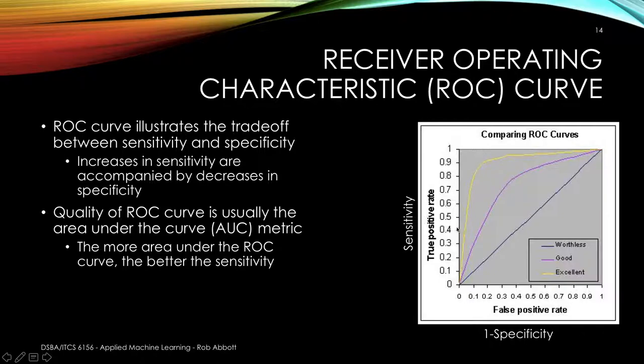So if we look at how this might flesh out, if we're down here on the receiver operating characteristic curve, it never predicts a true positive, and it also never predicts a false positive.